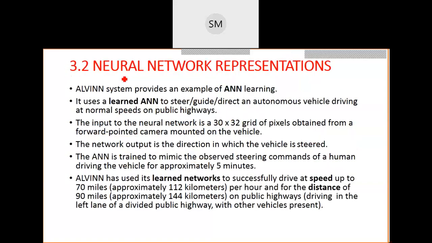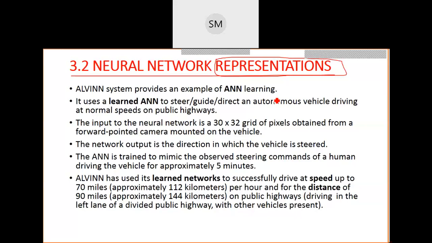So the second topic is neural network representation. From now onwards the actual topics start; till now whatever I discussed was just introduction. Just remember, since the first module we have been using this word representation. We chose target functions in the first module and represented them.